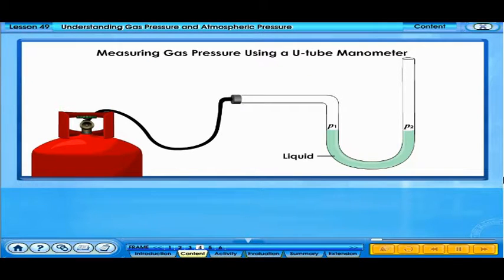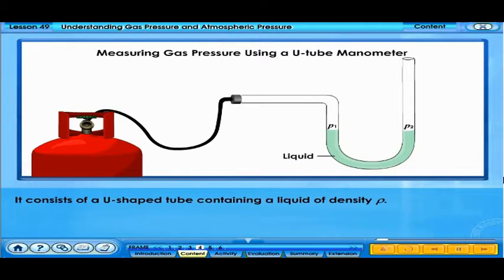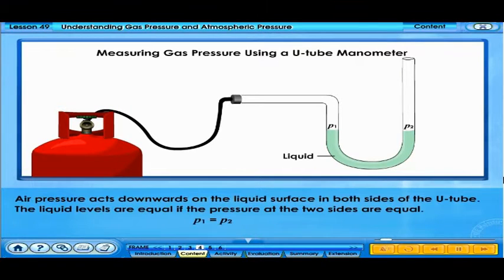For small pressure differences, a U-tube manometer is used. It consists of a U-shaped tube containing a liquid of density ρ. Air pressure acts downwards on the liquid surface in both sides of the U-tube. The liquid levels are equal if the pressure at the two sides is equal.